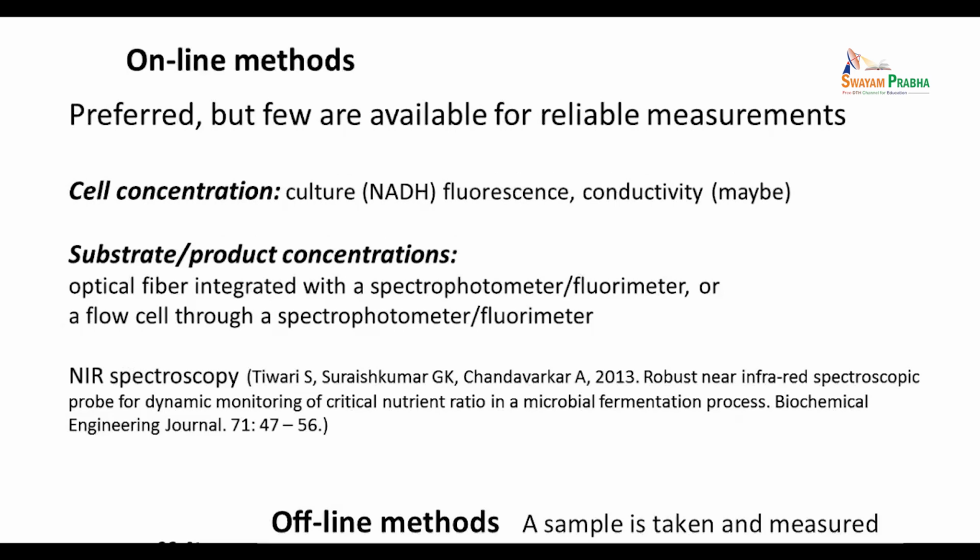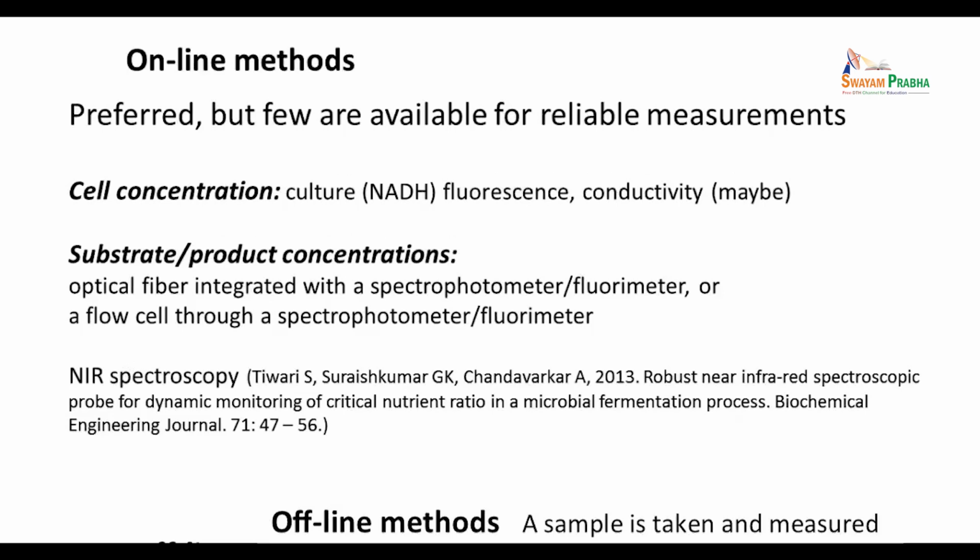Here, this industry was looking at using low levels of substrate because the substrate was toxic to the cells for their own commercial product. So, the substrate needs to be maintained at a certain low concentration, of the order of millimolar.